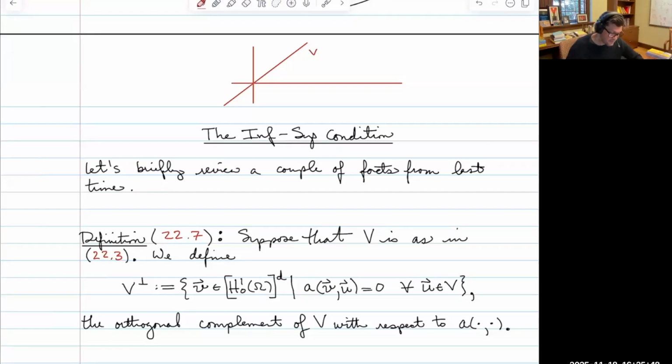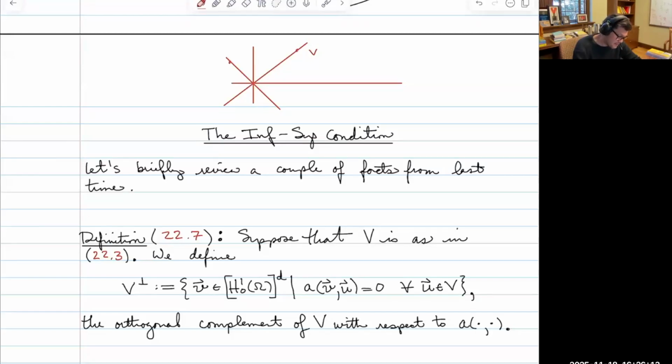Well, it's also going to be a subspace. And so it's basically going to look like this if we're using the standard L2 norm as our way of measuring angles. Then anything we take from this space is going to be perpendicular to anything else that we take from that space.